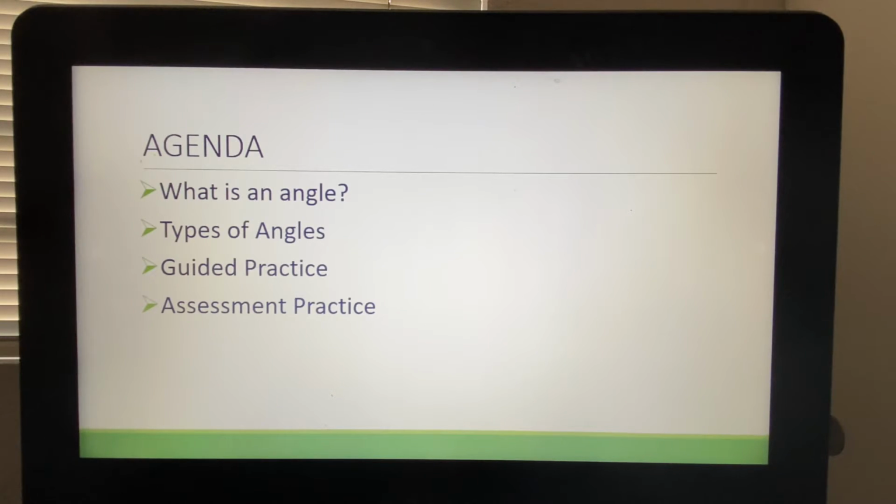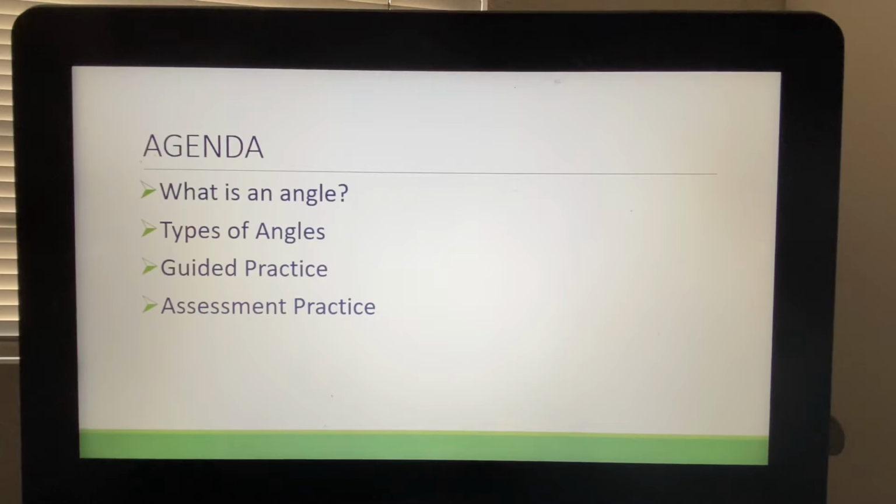We'll be discussing the 3 types of angles. I'll be going through how to measure an angle using your protractors, and you'll be either working on your own, in pairs, or in groups on answering some questions.